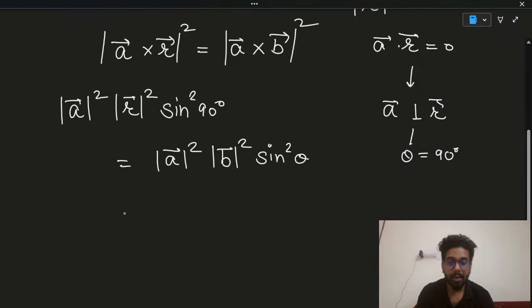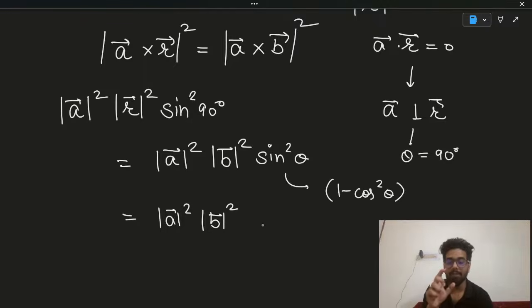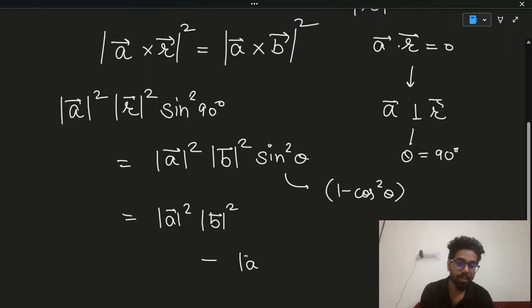Now you can write this as magnitude of A square, magnitude of B square, and in place of sine square you can write 1 minus cos square. So when you multiply this whole thing, you will have magnitude of A square, magnitude of B square into 1 minus magnitude of A square into magnitude of B square into cos square theta.